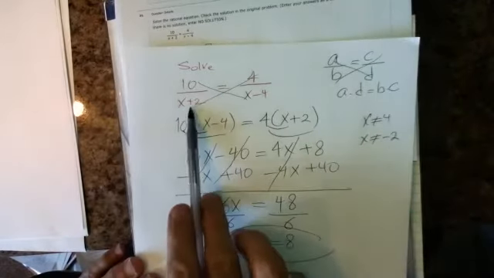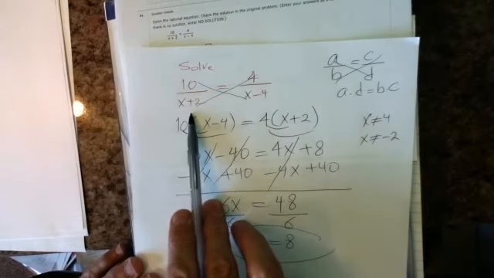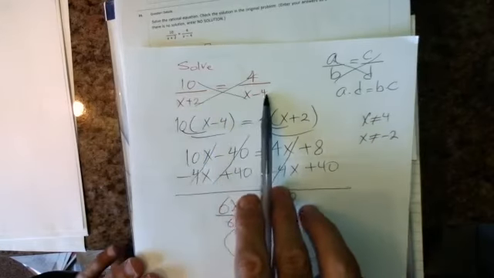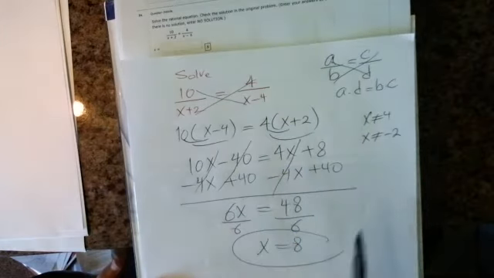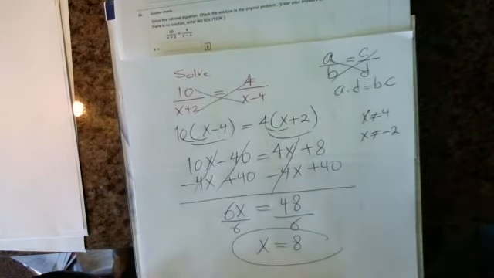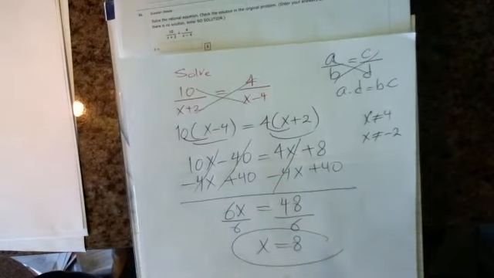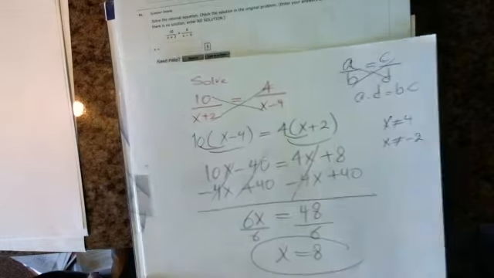Why? Because -2 would make the denominator 0, and 4 also makes the denominator 0. So before I solve the problem, I know the final answer must not be one of these two. If it happens to be, then there is no solution for that number. It's not the case here because you got 8, and 8 is not that.